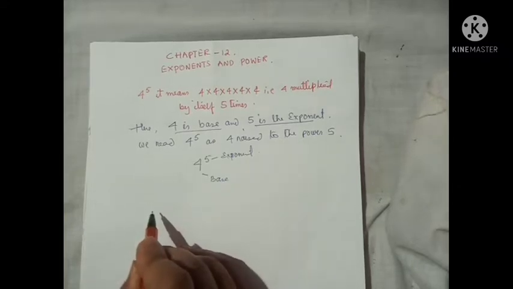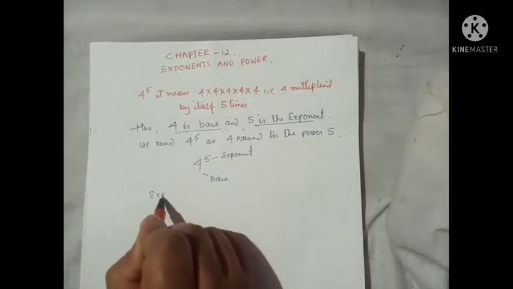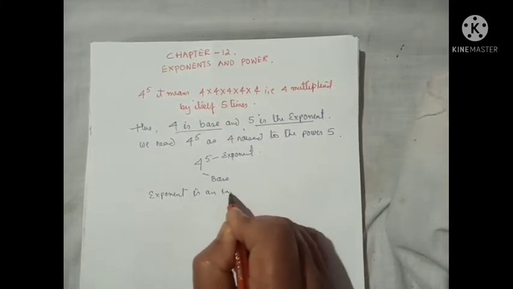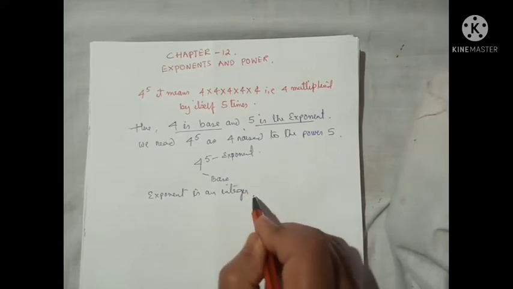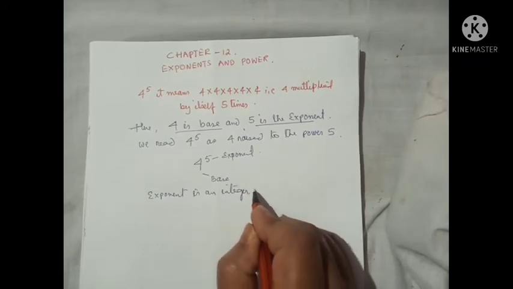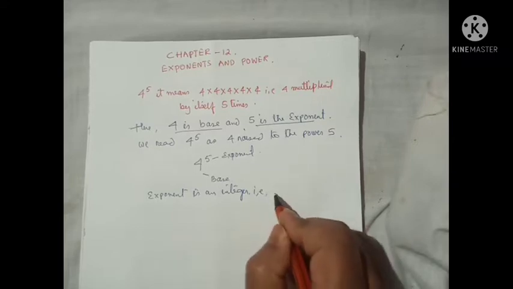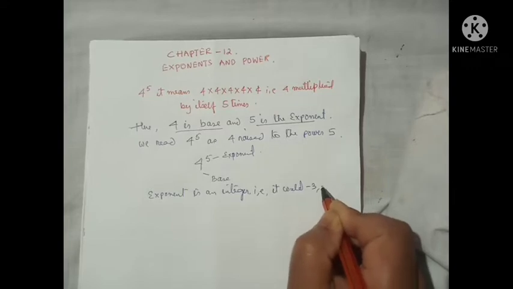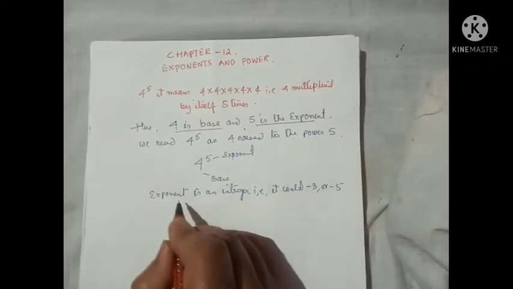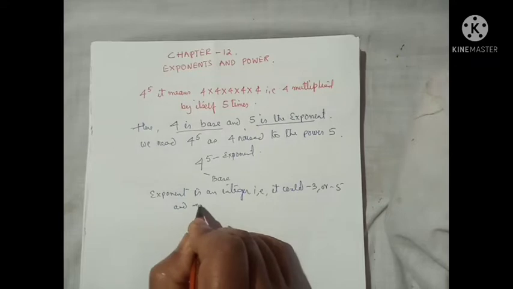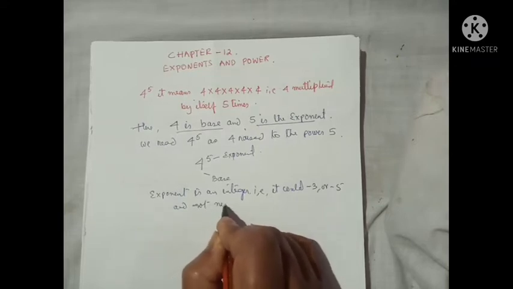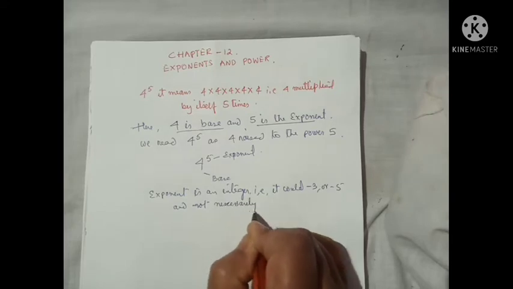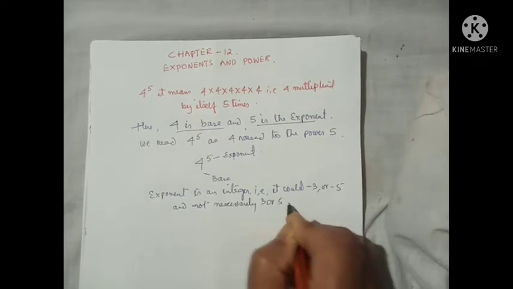That means the exponent could be -3 or -5 and not necessarily 3 or 5.